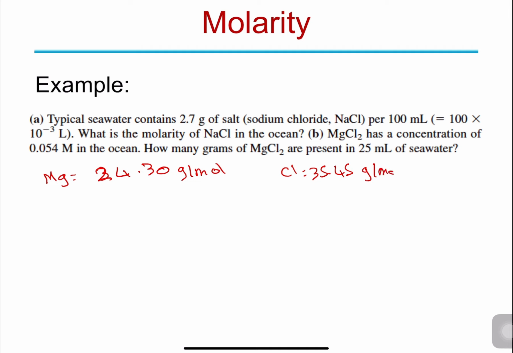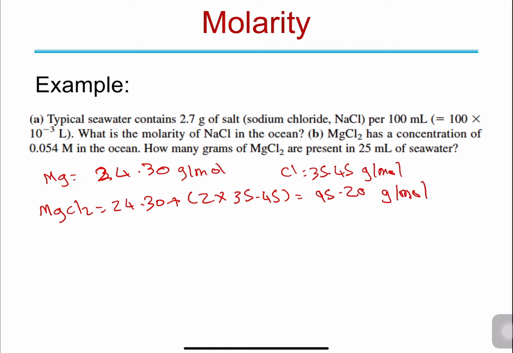But there are two chlorine atoms here for magnesium chloride. So the molecular mass of magnesium chloride will equal 24.30 plus 2 times 35.45. That will add up to 95.20 grams per mole. So this is the molecular mass of magnesium chloride.